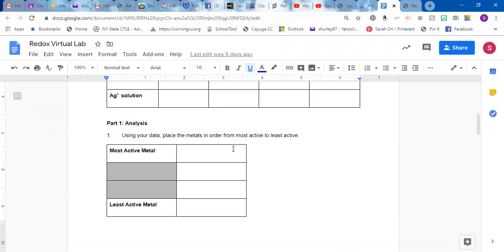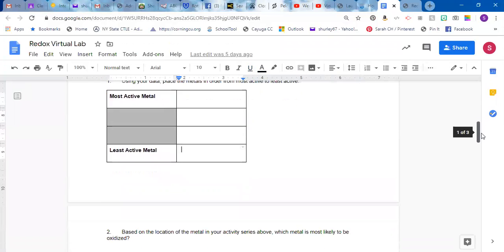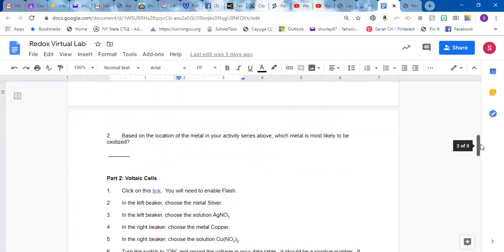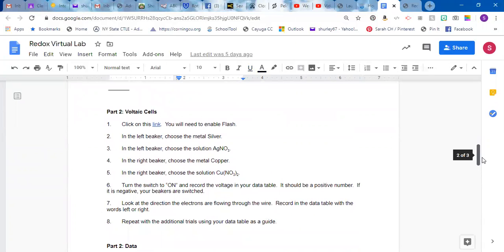So you just want to put them in order from most to least, just like table J. And then based on location of your metal in the activity series above, which metal is most likely to be oxidized? So based on where it's located, like table J, in your notes, which metal is most likely to be oxidized.